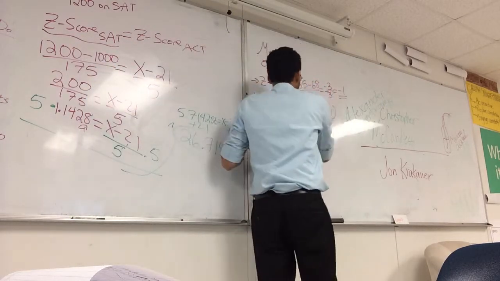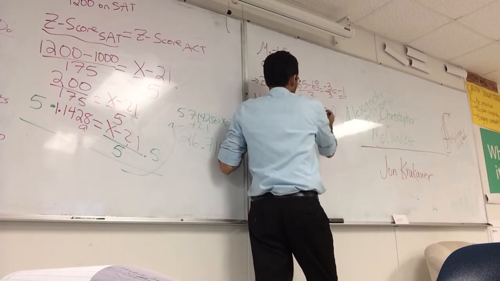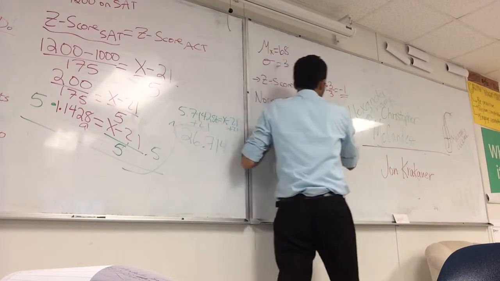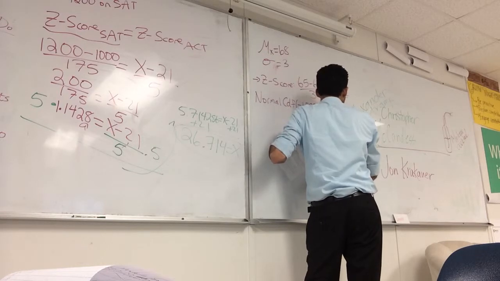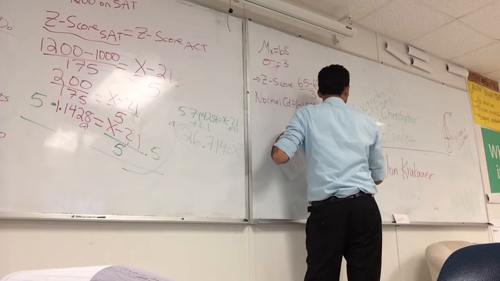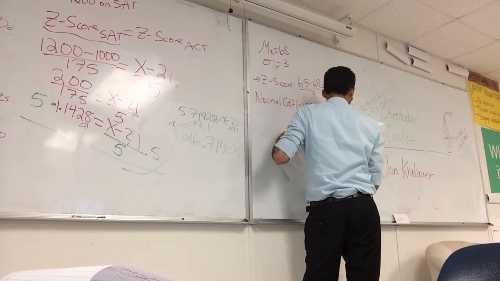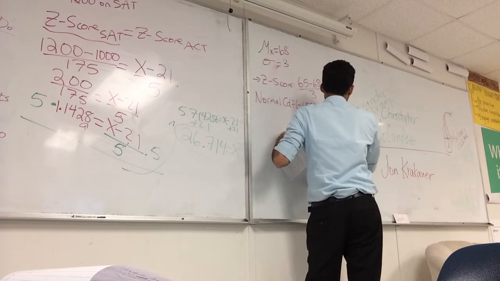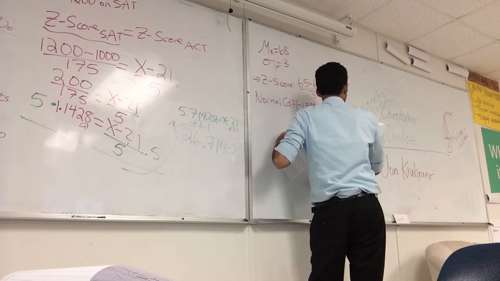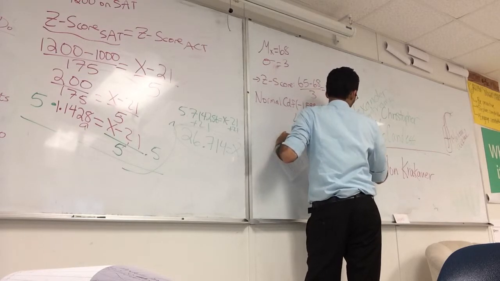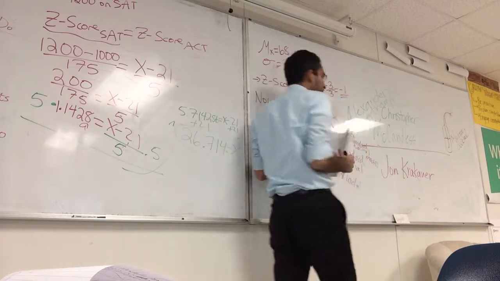You did the lower bound, you did the z-score, and then you put in 0, which is the mean of what we call the standard normal model, and 1, which is the standard deviation of the standard normal model. This will give you the same answer.